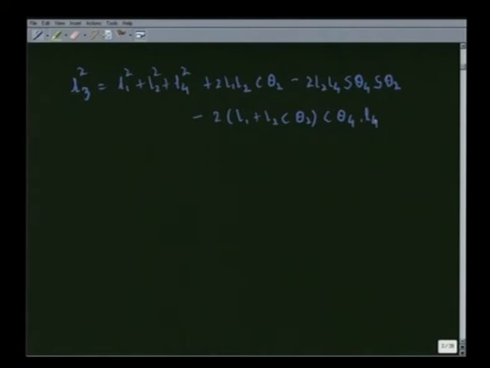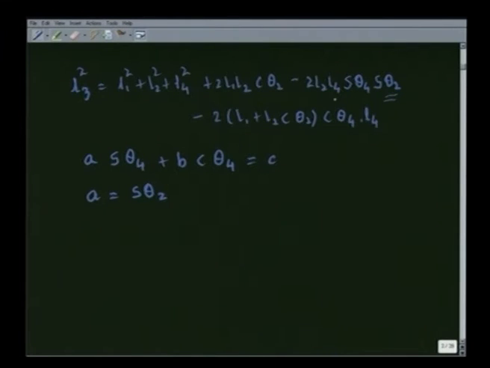Now, divide all the terms of this equation by twice L2 L4, and as a result we will get a simple equation A sin theta 4 plus B cosine theta 4 is equal to C, where A is given by sin theta 2, that is coming from this term.